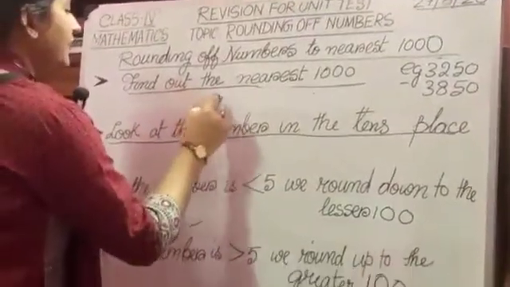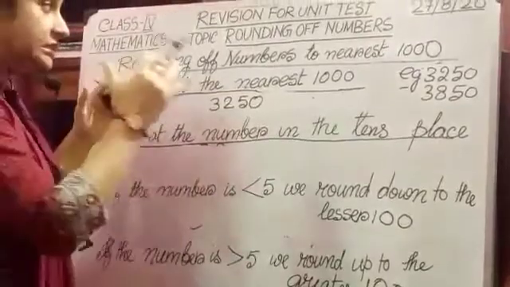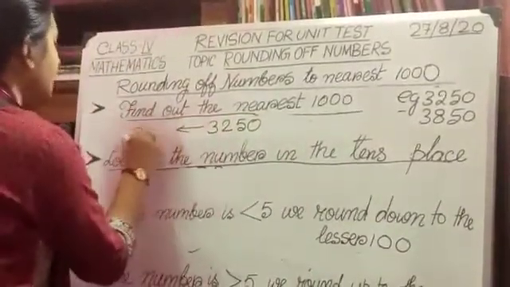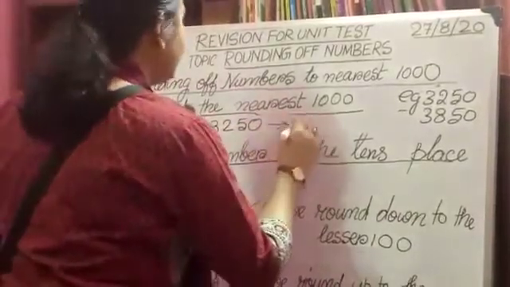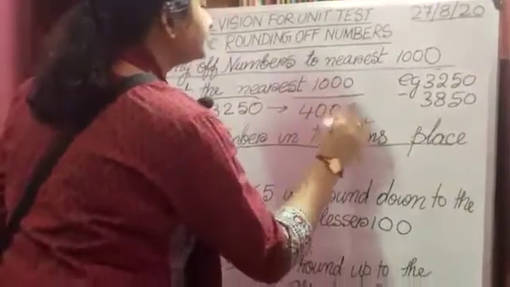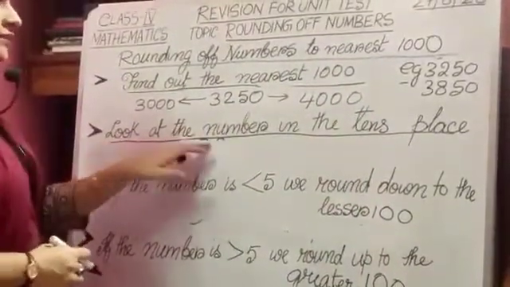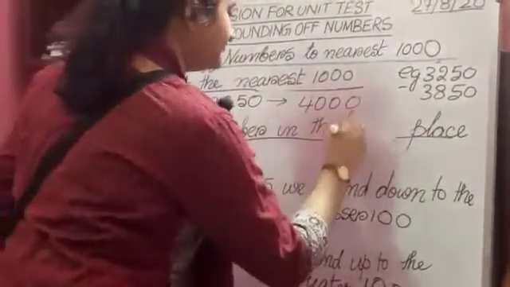So, 3250. I have to find out the nearest thousands. Here we have 3000 and here we have 4000, right? Now the next step, look at the number in the hundreds place.